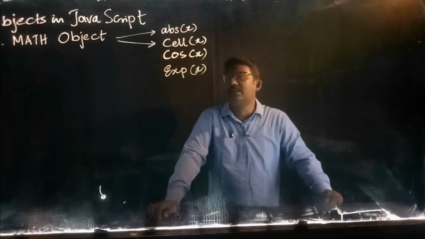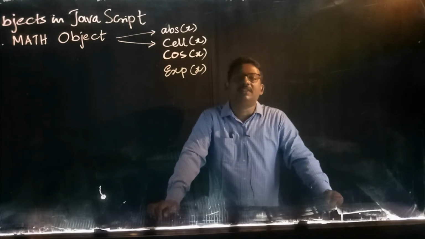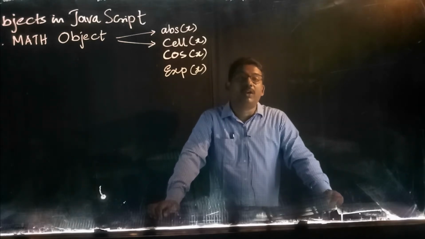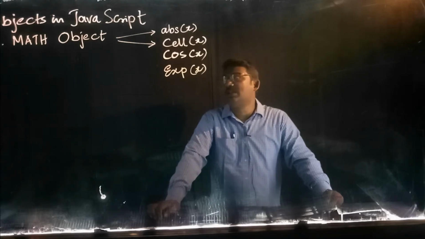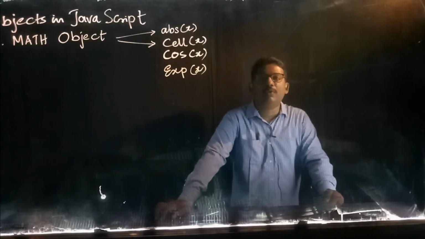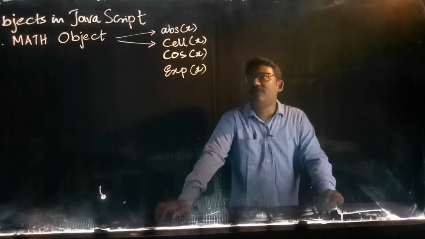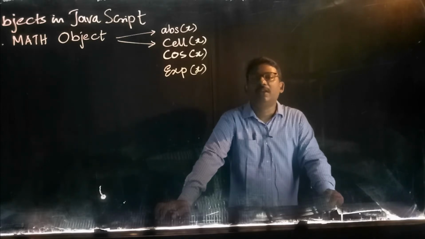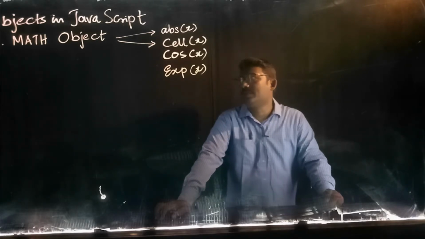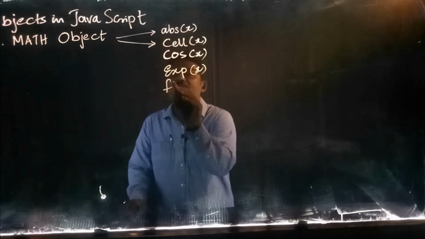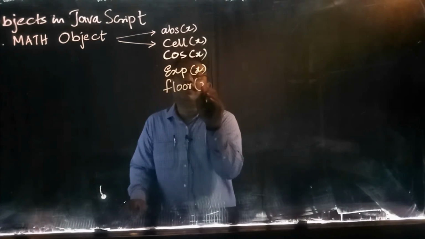Exp of x will give the exponent, that is the power. You can do square root, cube root, square, cube also by giving the exponent. So the exponent is giving the power for the value. So math functions are ABS, ceil, cos, exp exponential function, floor.